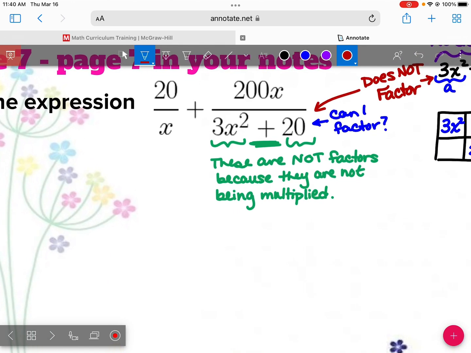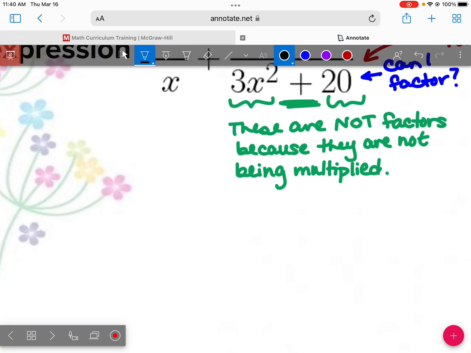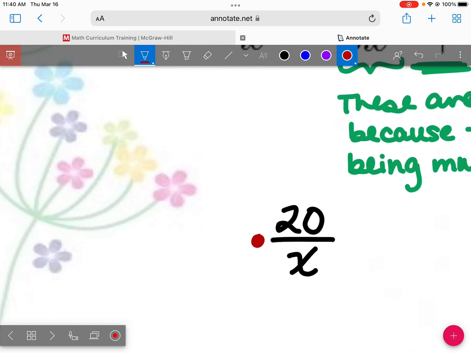Right? So do these denominators have any factors in common? No. Then it's like my Bell work at the beginning where the two denominators didn't have anything in common. I take the first fraction and I multiply it top and bottom by the second denominator.